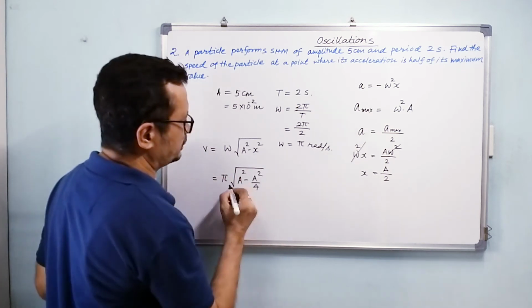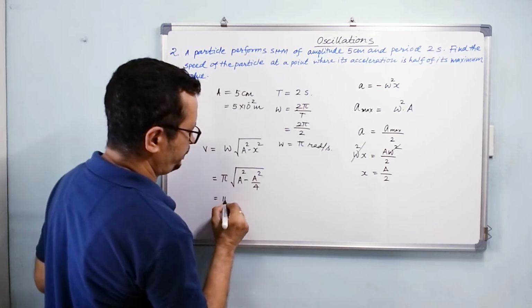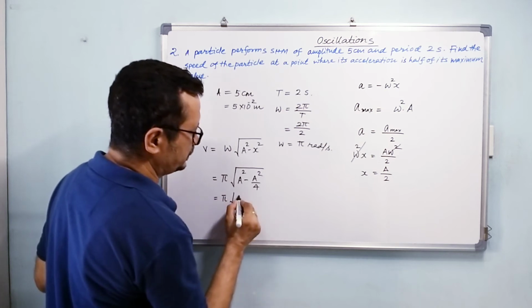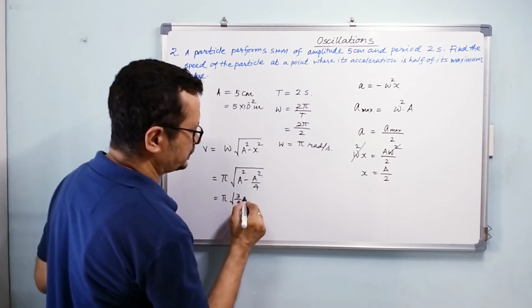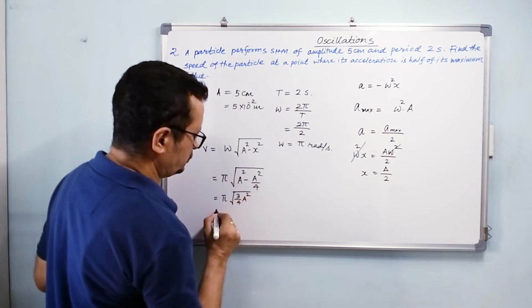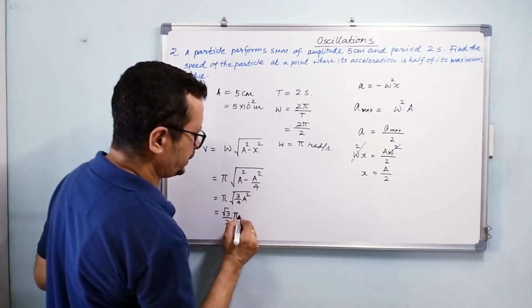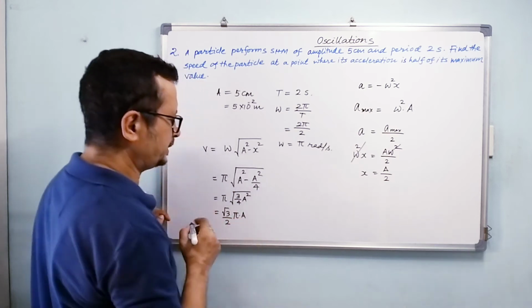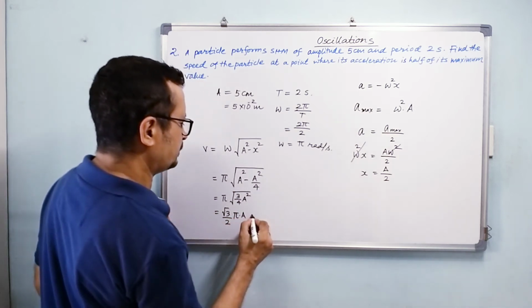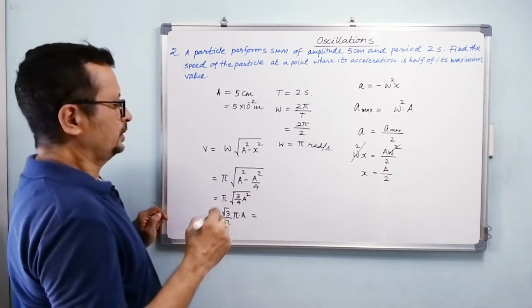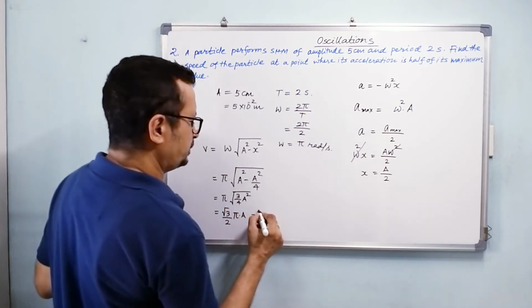So this would be equal to pi root over 3 by 4 a square. So that is root 3 by 2 pi into a. And that would be equal to how much?